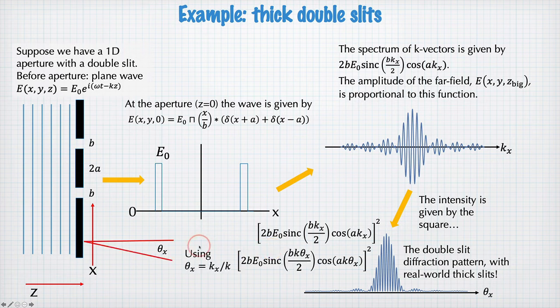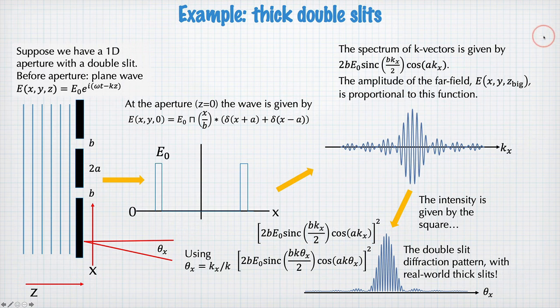The way we do that is we recall that there is an angle here, theta x, which is the angle of diffraction, and this angle theta x is given by kx divided by k. So kx is the spatial Fourier parameter we've used here in the Fourier transform, and k is the total wave number of the wave incident at the aperture. And the angle of diffraction, for small angles at least, is given by theta x is the ratio of kx to k. So we can replace kx here with an angle theta x, giving us this diffraction pattern as a function of theta x.